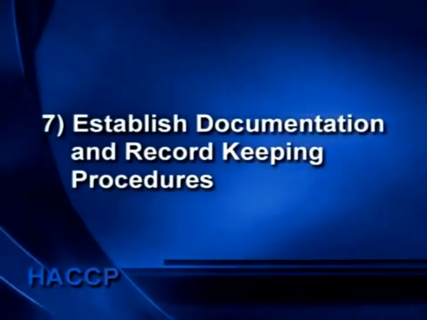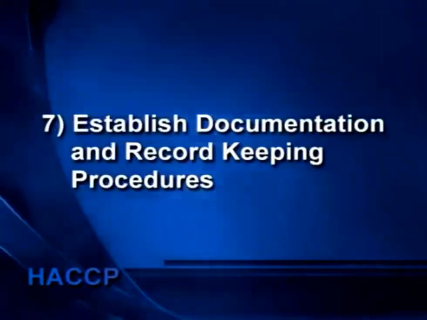The seventh principle is to establish documentation and record-keeping procedures. Documentation must be kept on file, including details on how the HACCP team conducted the hazard analysis and determined the critical control points and the critical limits.